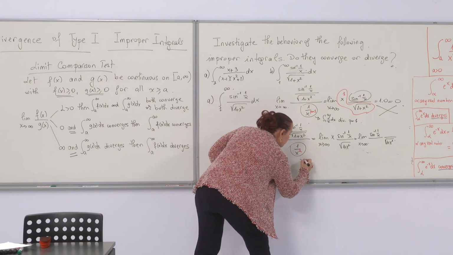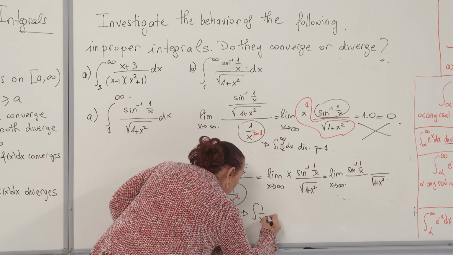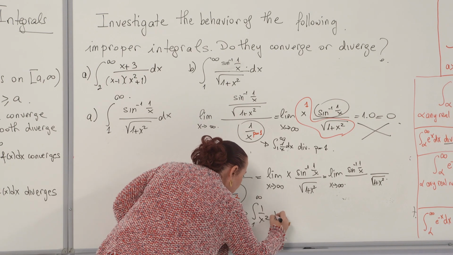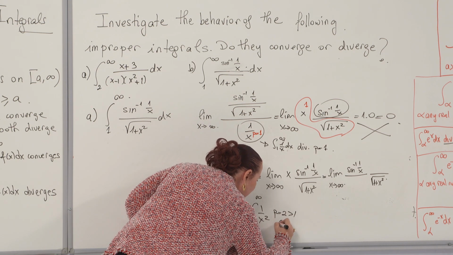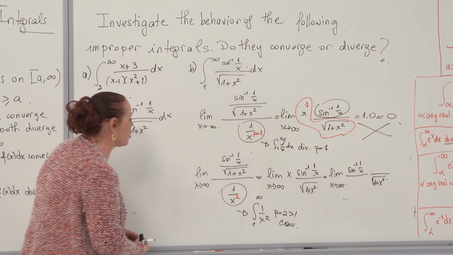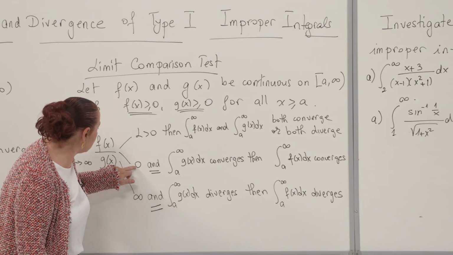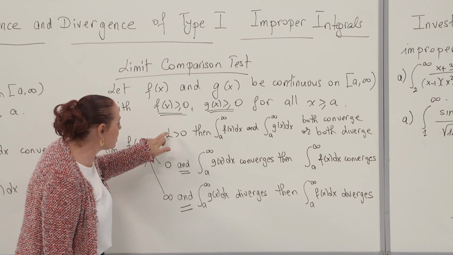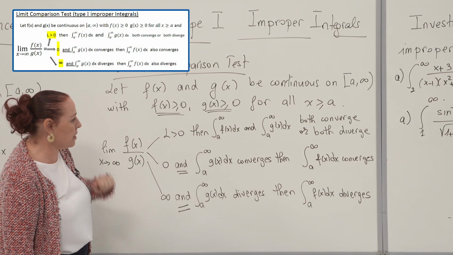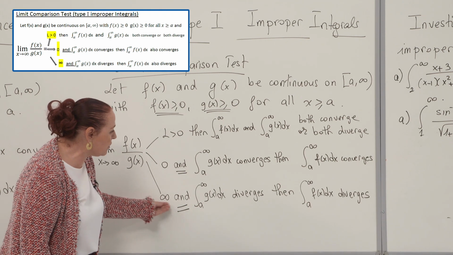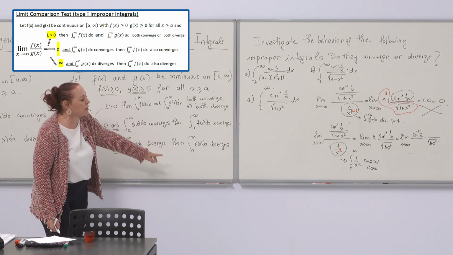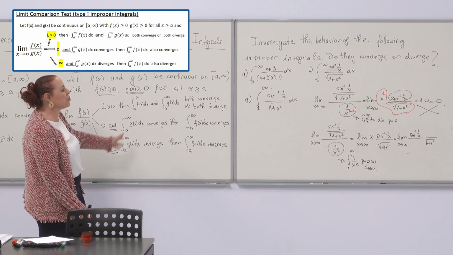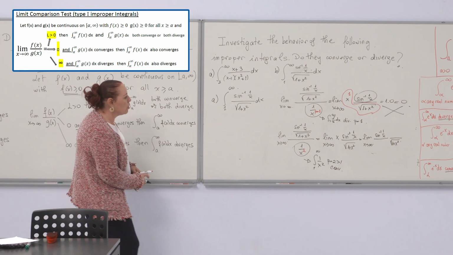When you choose 1 over x squared from 1 to infinity, P is equal to 2, greater than 1, it converges. So if the answer is 0, it's going to work. If the answer is a number, the test is going to work. If the answer is infinity, because the one in the denominator is not divergent, it's not going to work.